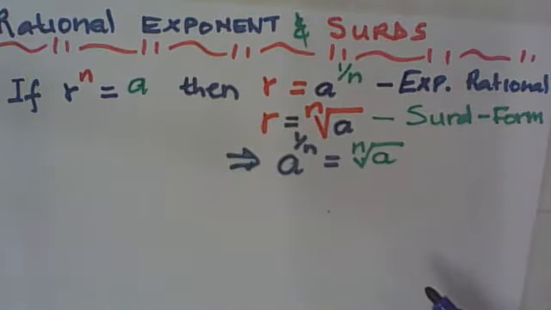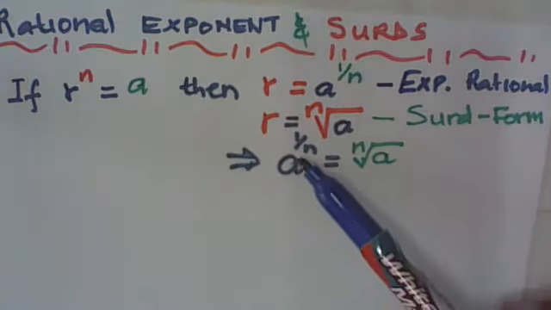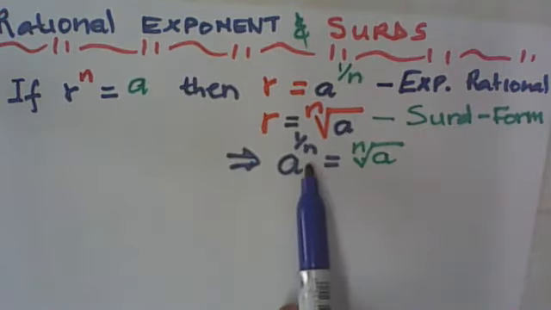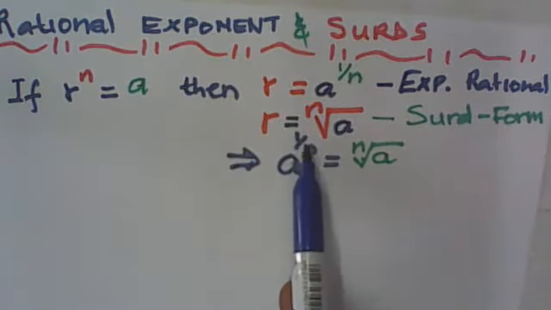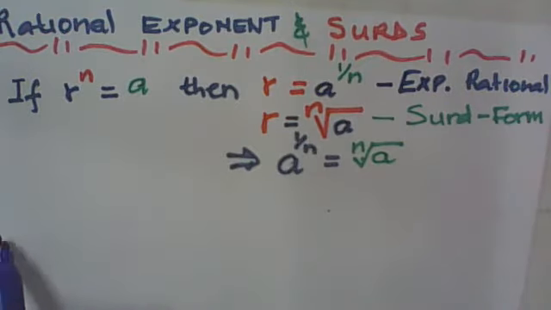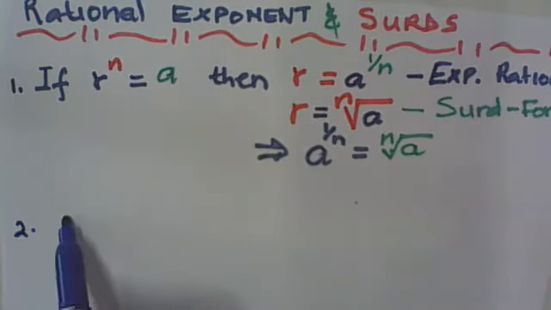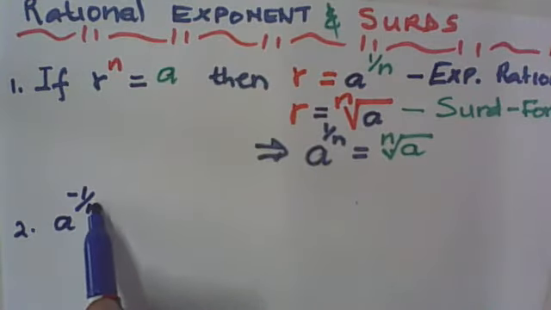Now let's get to the next. Now we have a rational exponent. Now a rational exponent can be positive and it can also be negative. Let us take this being a negative. Suppose we have a to the power negative 1 over n.